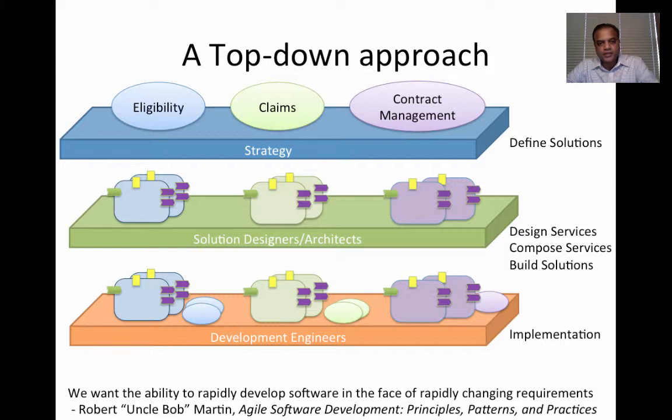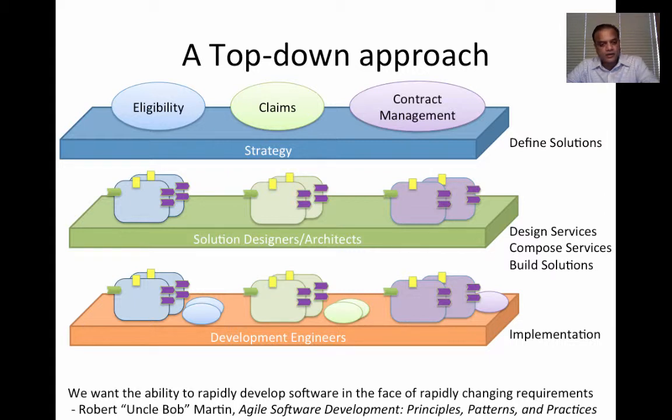Eligibility provides verification services. Claims provide services to accept new claims and return the status of current claims. Contract management provides general terms and conditions. These applications provide services that are designed by solution architects. Development engineers take direction from solution architects and implement these services.